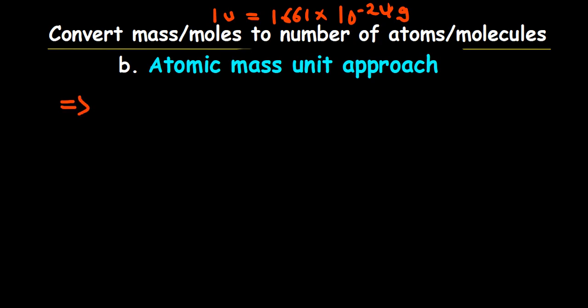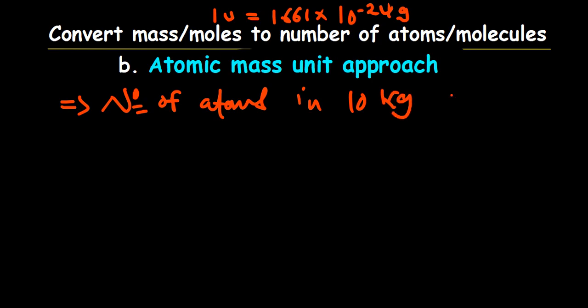So let's find the number of atoms in 10 kg of copper. Now we are using the atomic mass unit. The two relationships that we are going to use are, first, one atomic mass unit is the same as 1.661 times 10 to the power minus 24 grams.